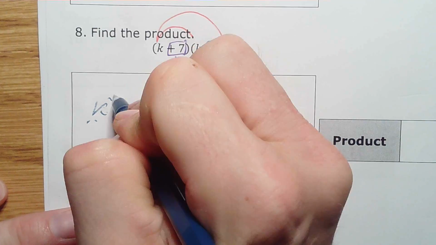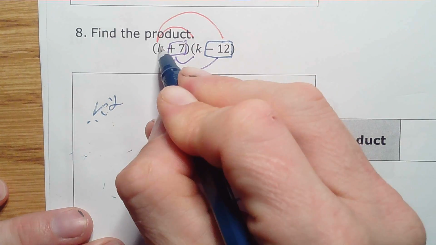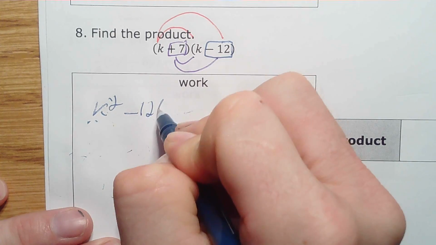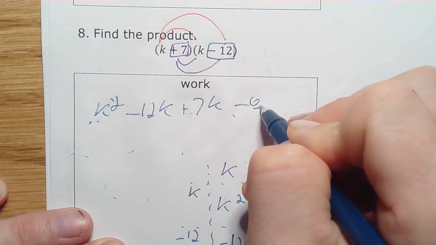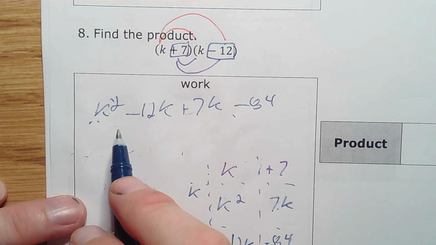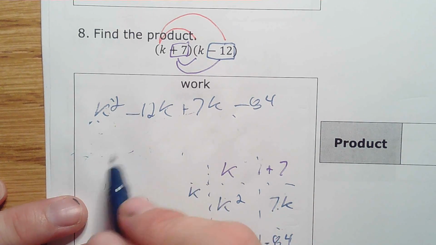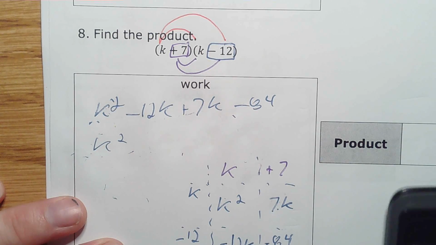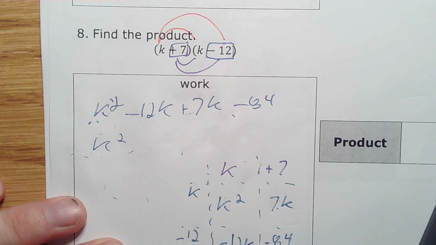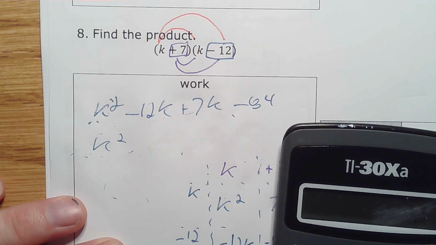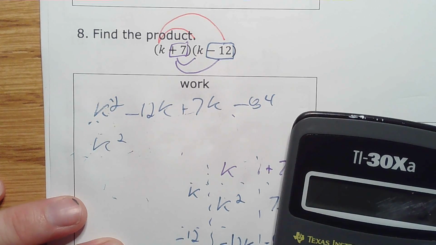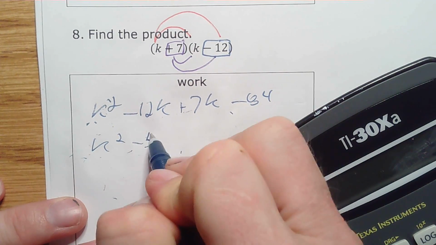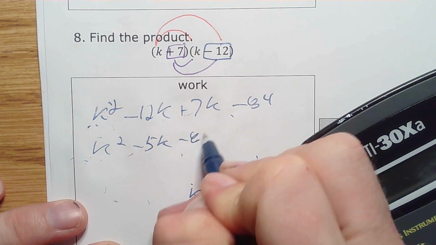This is going to be k squared, and you're going to do minus 12k plus 7k minus 84. There we go, that's the right one. All right, so now it's going to be k squared, and negative 12 plus 7, it's going to be minus 5k, and then minus 84.